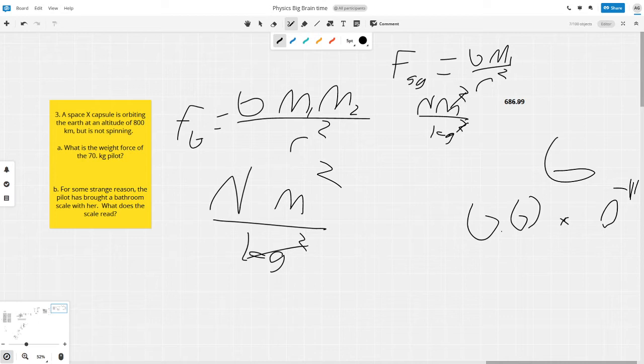M1 doesn't have to be the mass of the Earth; it can be anything. But if you're doing an orbital problem around the Earth, then yeah, it'd be the mass of the Earth. And that's the equation you'd use for finding a force. If you're finding acceleration, you do the other one.